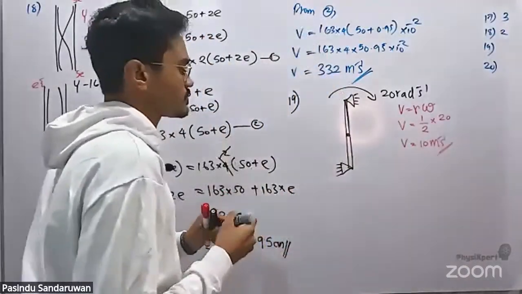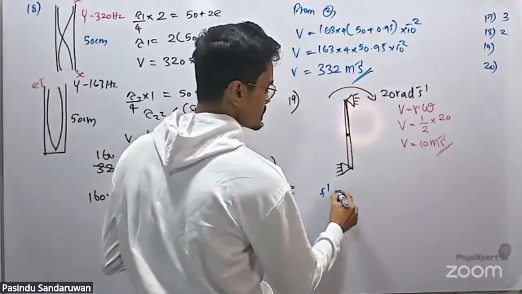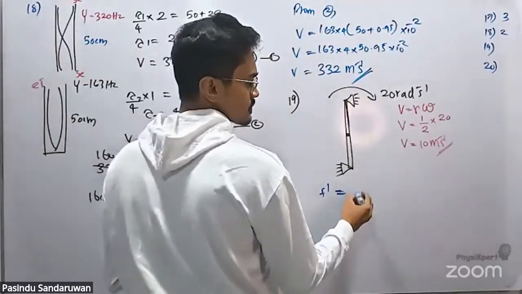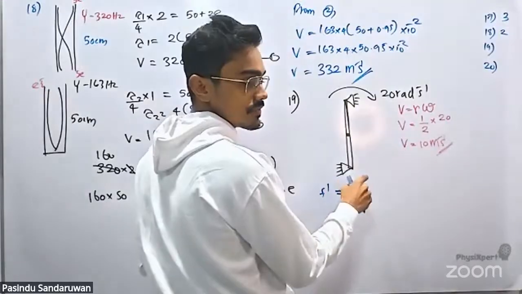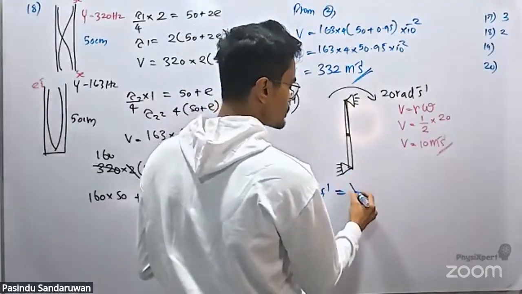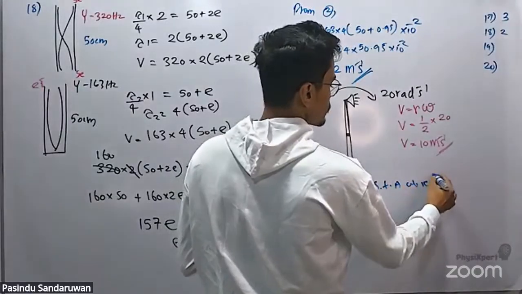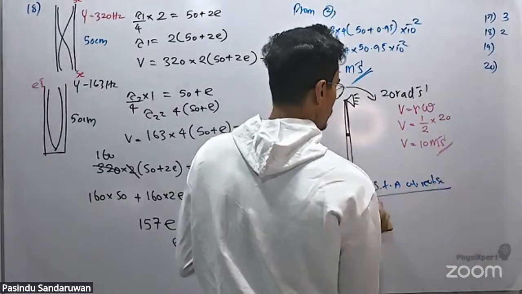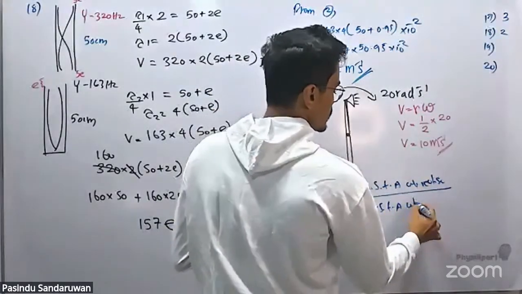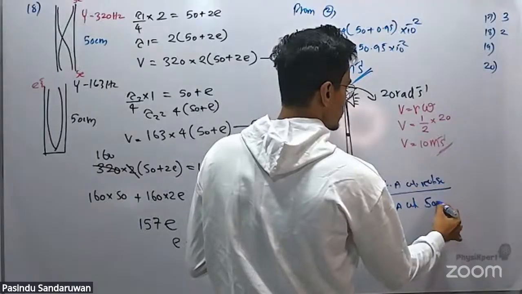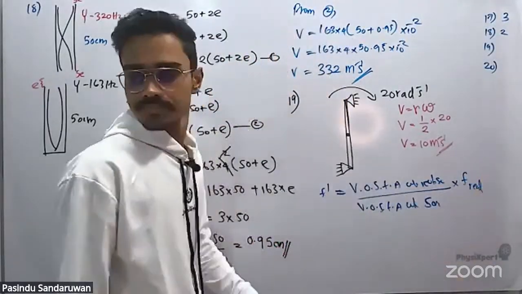Then we know f dash can be written as, here it should be observer, velocity of sound through air with respect to observer over velocity of sound through air with respect to source, into real frequency, actual frequency.